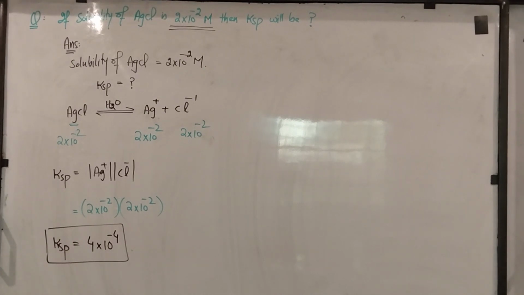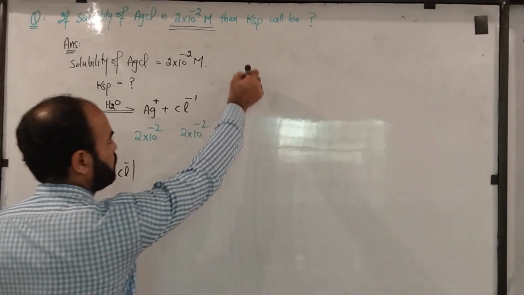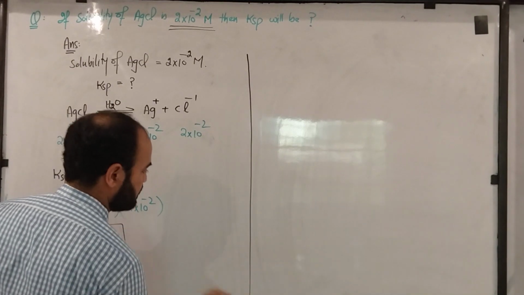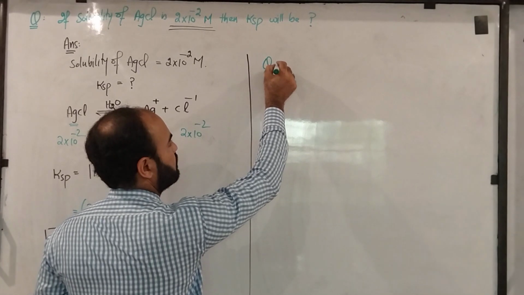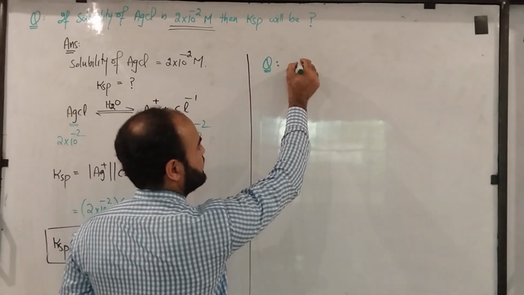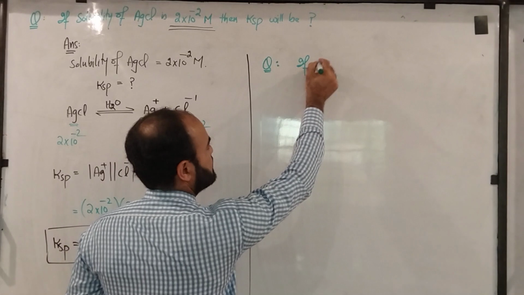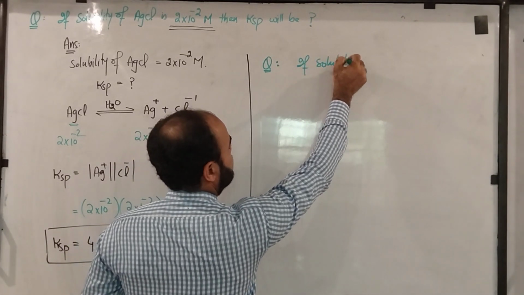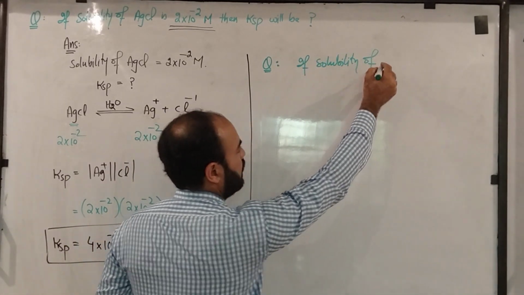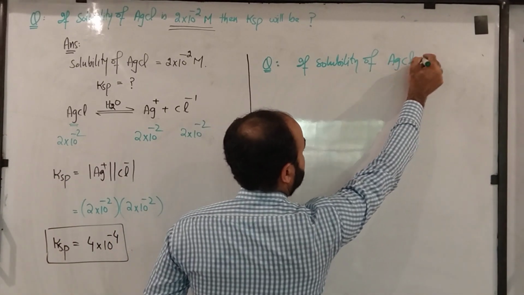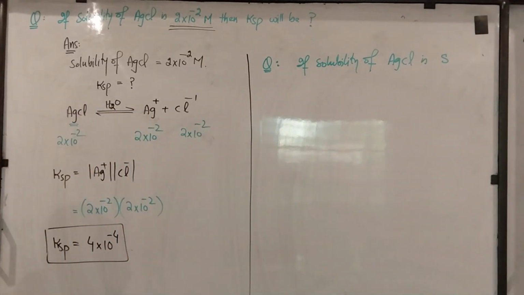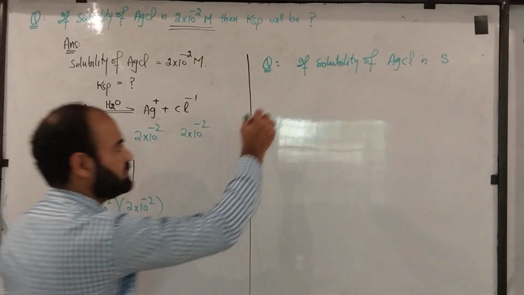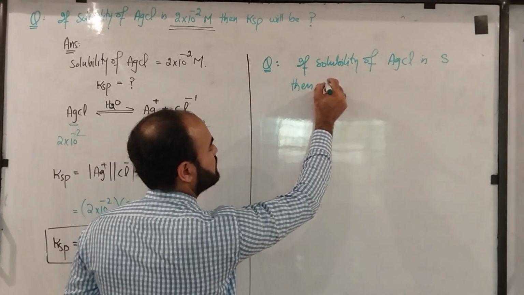Okay, for example, let's pick another question here. The second question is, let for example, the solubility of silver chloride is S. S is a solubility. This is a general term, a general question. Then KSP is?